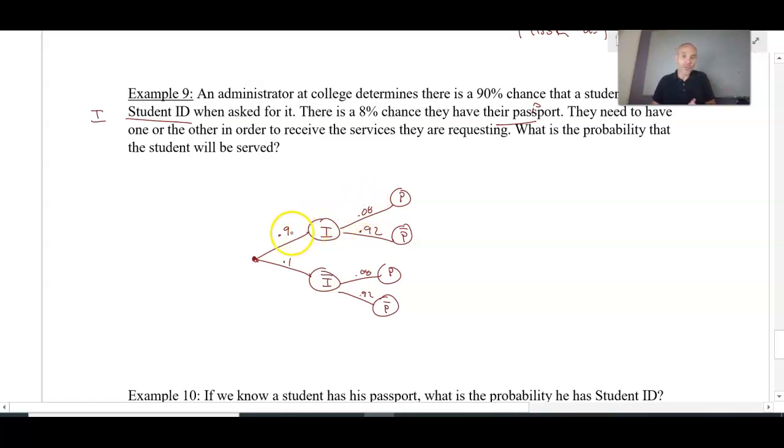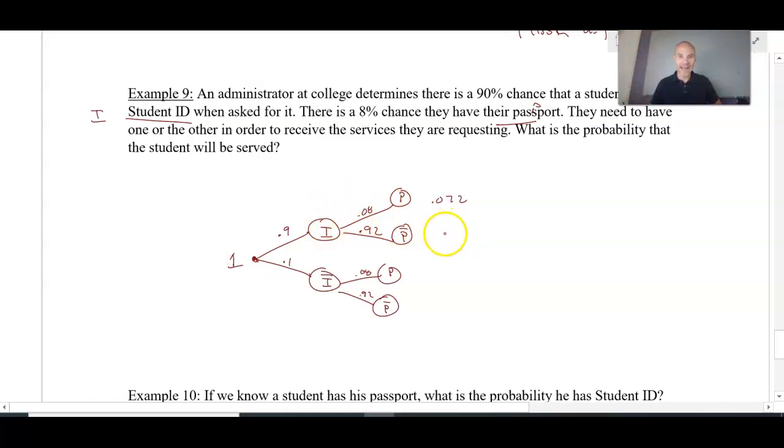Now, the reason I'm putting this together in a tree diagram is, again, think about the multiplication principle. The only difference here is we're multiplying percentages. So 8% of 90% of people have both forms of ID. So 0.08 times 0.9 is 0.072. So 0.072, or 7.2% of this entire 100%, this entire whole, have both forms of ID.